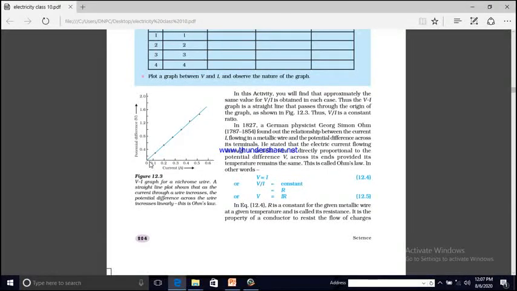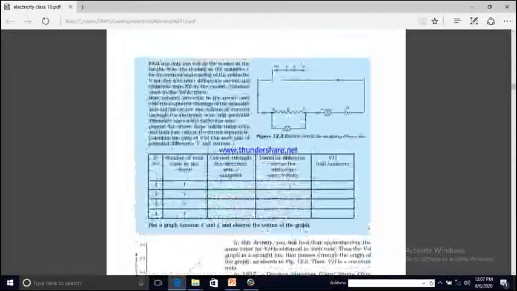That's why we get a straight line graph passing through the origin. So when you take the ratio of potential difference over current, V by I, you will get a constant, and that constant is known as the resistance of the wire.